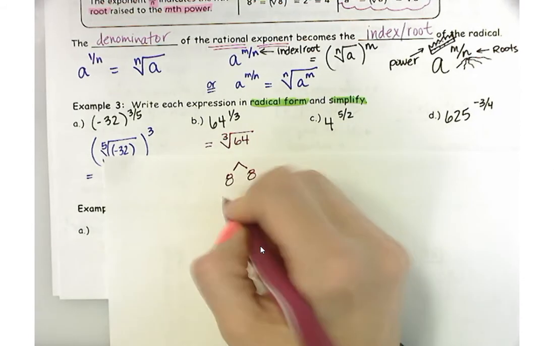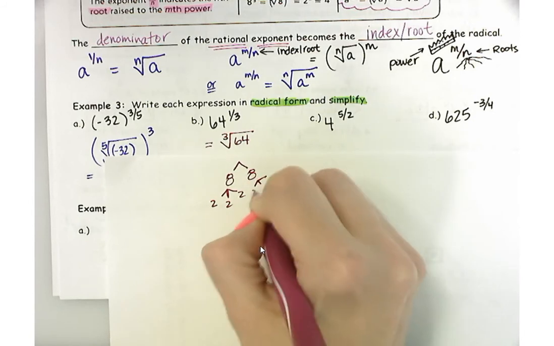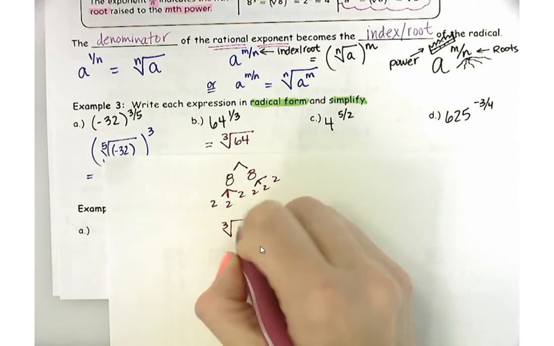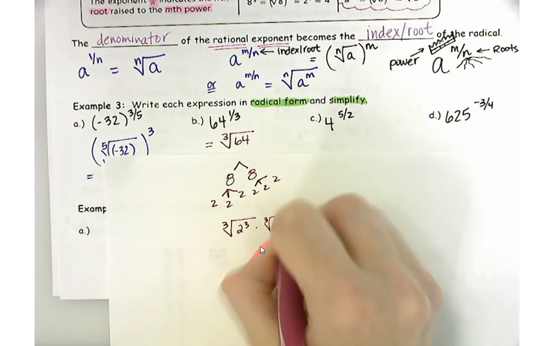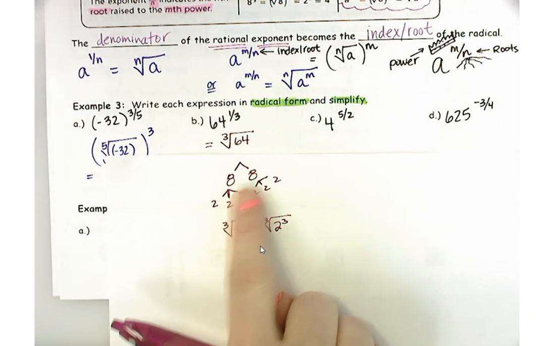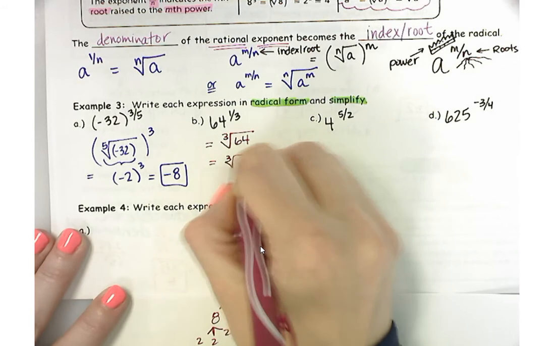Okay, and then for this one, if you have 5/2, again, don't put the 5 there. It's the square root, so your power can go on the outside so that you can do this calculation quickly. What's the square root of 4? 2. 2 to the 5th is 32.